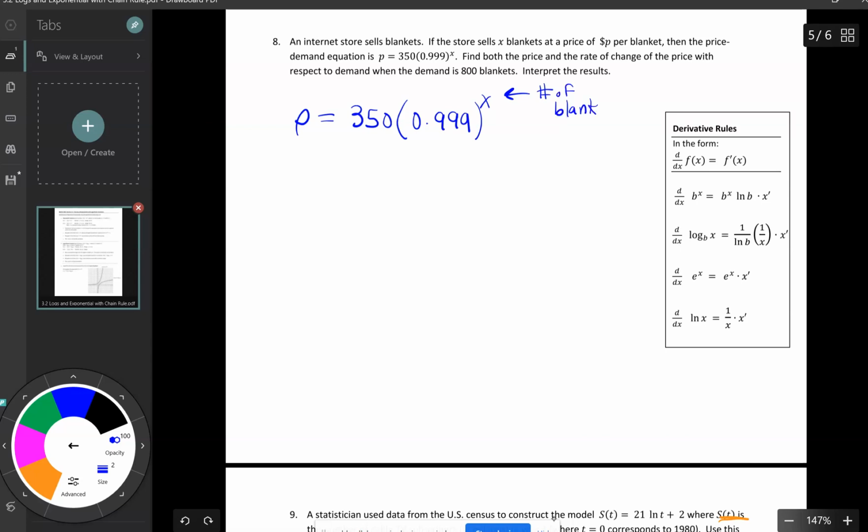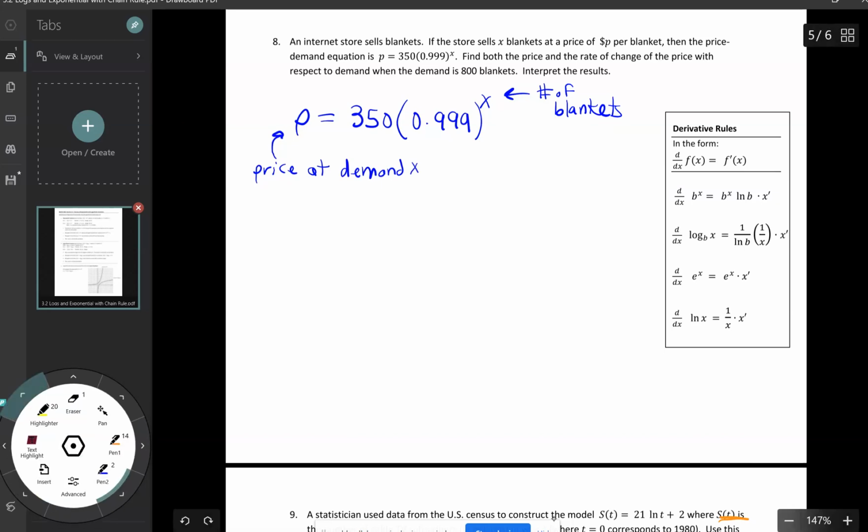That's your demand, and you're calculating the price at that demand level. Okay, and then it just says find both the price. So when it's asking you to find just the price, that's just a normal everyday p, and the rate of change of the price. So that's where you're having to find p prime.